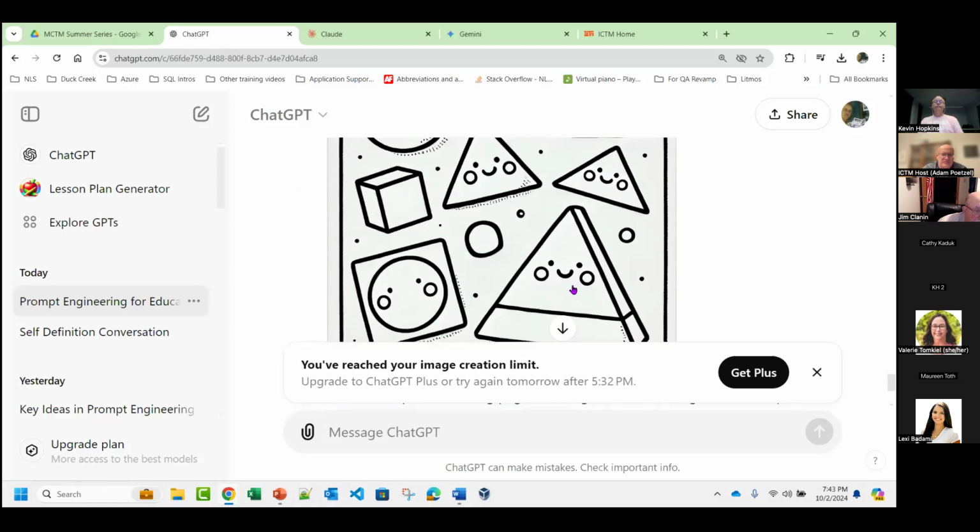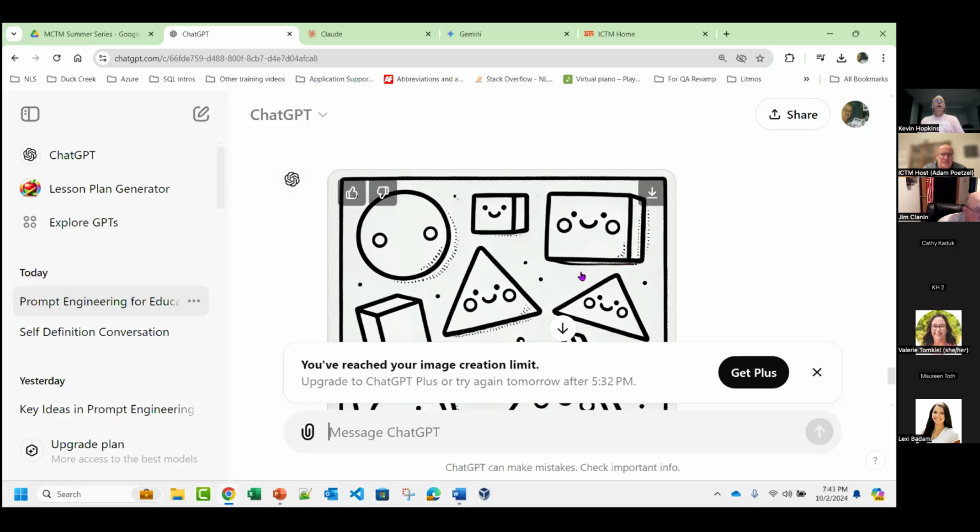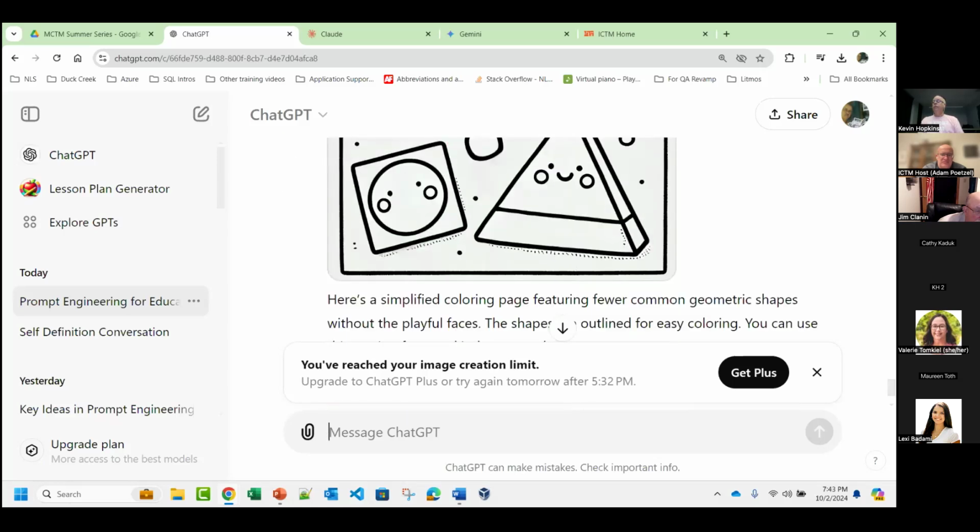I mean, that I could see doing some coloring on and just see what students might create from that. All right, and notice it says now I've reached my limit on image creation. I guess 3 was my limit on image creation with the free plan. Or I can try again 24 hours later on images.